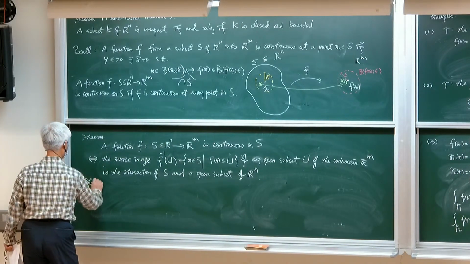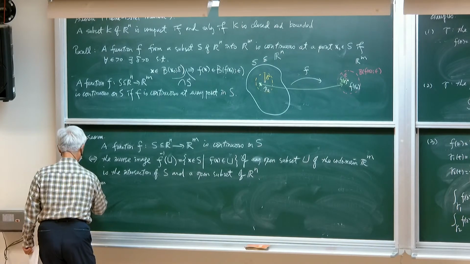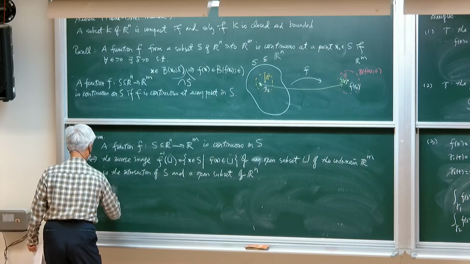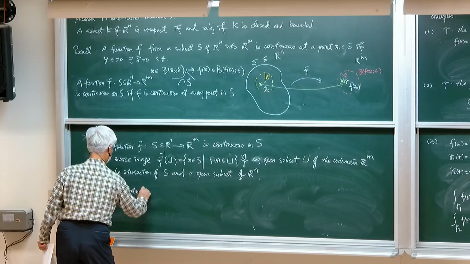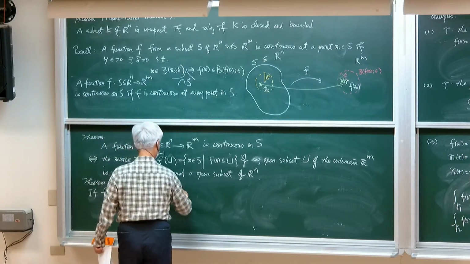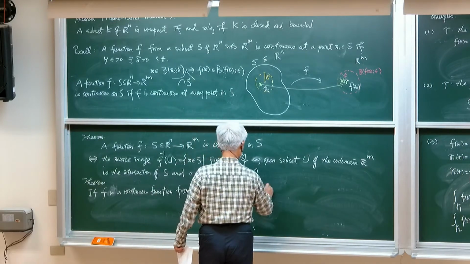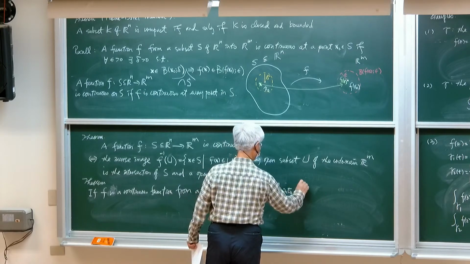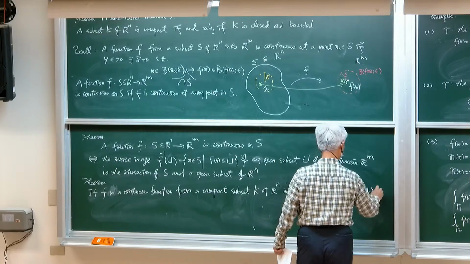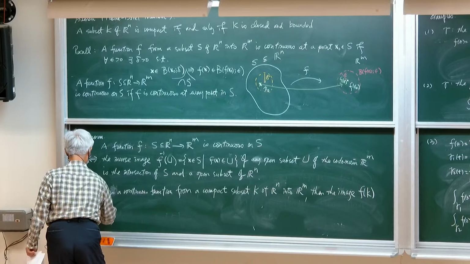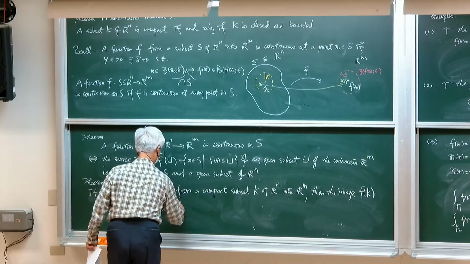Finally, if f is a continuous function from a compact subset K of R^n into R^m, then the image f(K) of K is a compact subset of R^m.